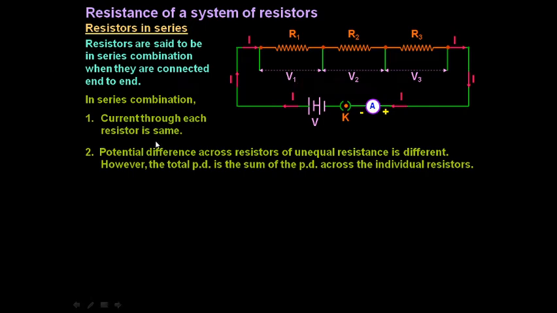So in series combination, current remains the same but potential is divided.